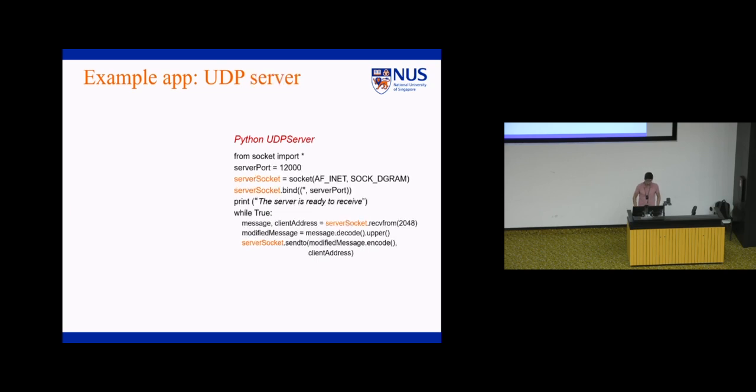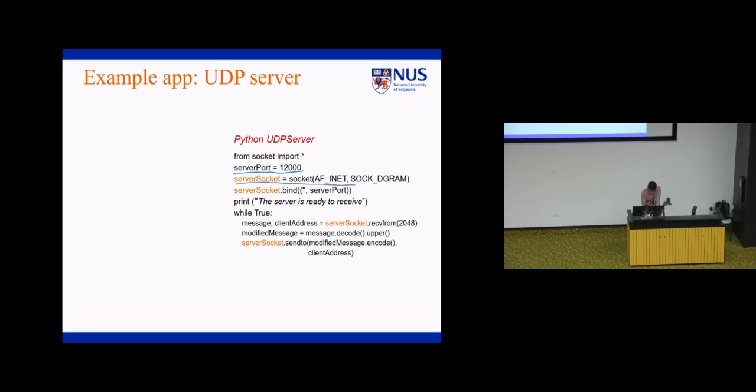Now we look at the server side for the same communication setting. Similarly, the server imports the socket module by using the first line, and it creates a socket with the port number here.